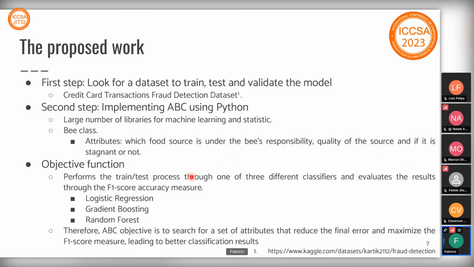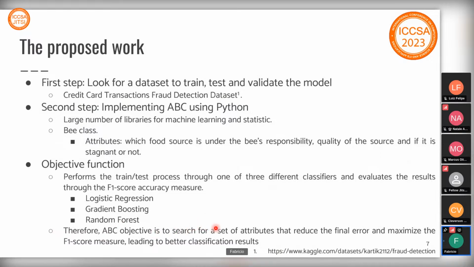The objective function to be optimized is performing the train-test process using one of three different classifiers and evaluating the results with the F1 score and accuracy. These are the three selected classifiers: logistic regression, gradient boosting, and random forest.